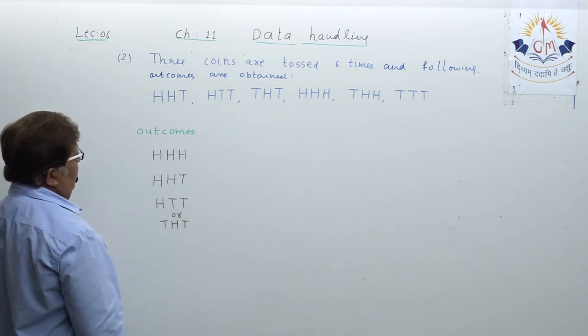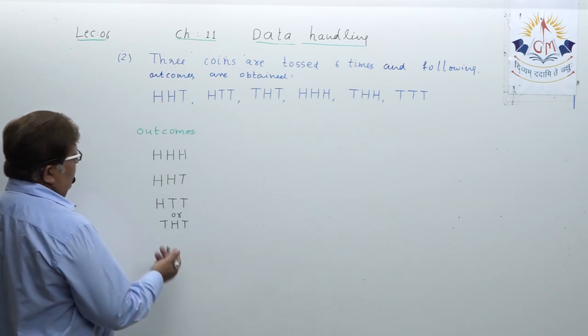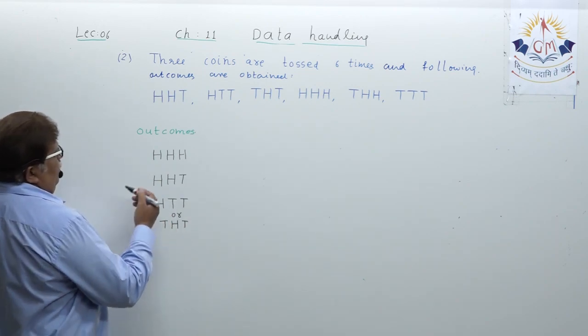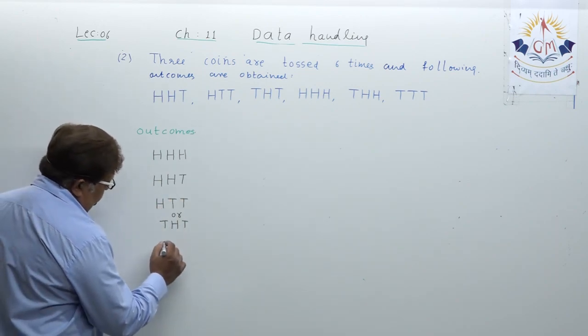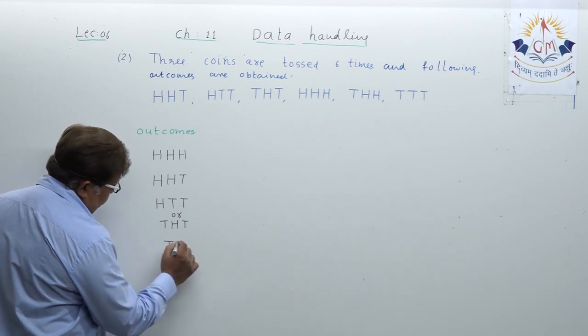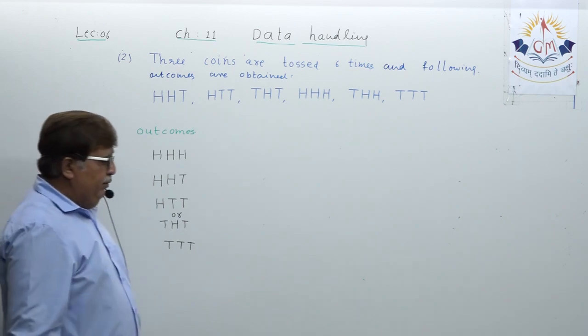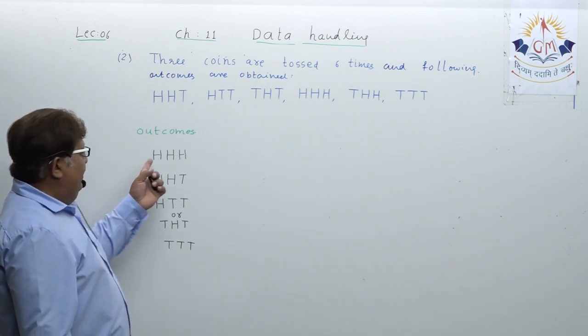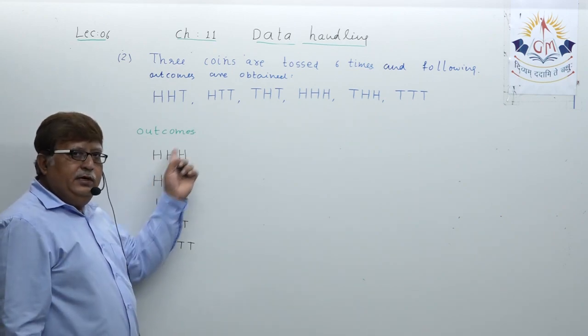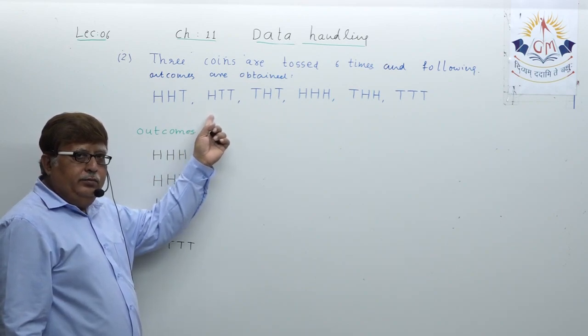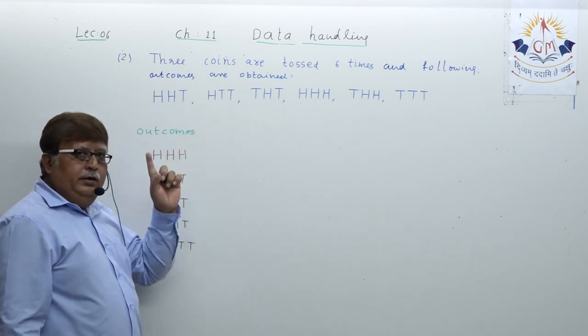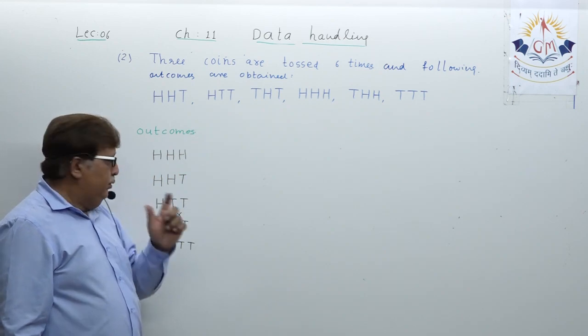Okay, and then, as you know, TTT. First you tell me why I have written this way. I have first selected those outcomes having no T at all.